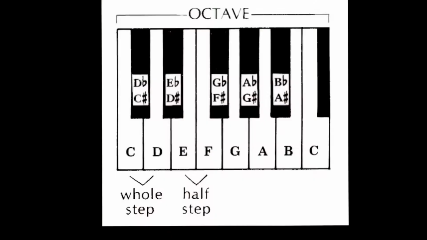In the music alphabet, we have 7 notes: A, B, C, D, E, F, G, and it repeats. If you start with C, it's going to go like this: C, D, E, F, G, A, B, and back to C.